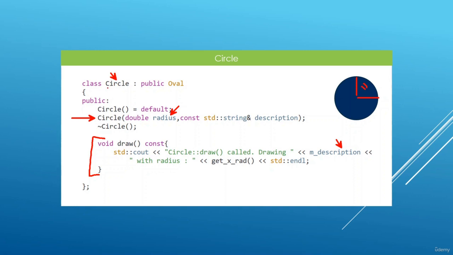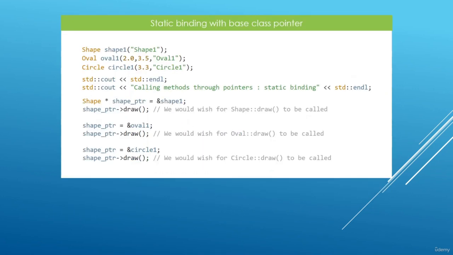Okay, now that we have our inheritance hierarchy, we're going to try and use it and really explore the idea of static binding in C++ inheritance hierarchies. So here we are trying to create simple objects of our classes. We have a shape object, we have an oval object, and we have a circle object.